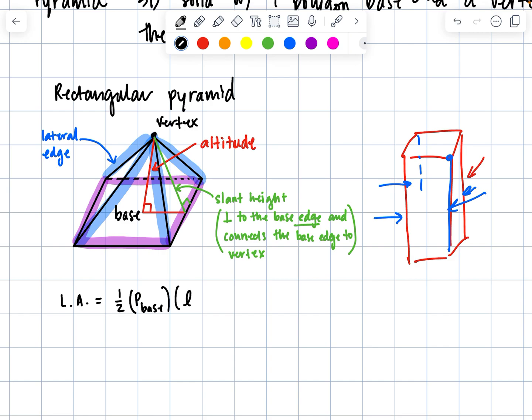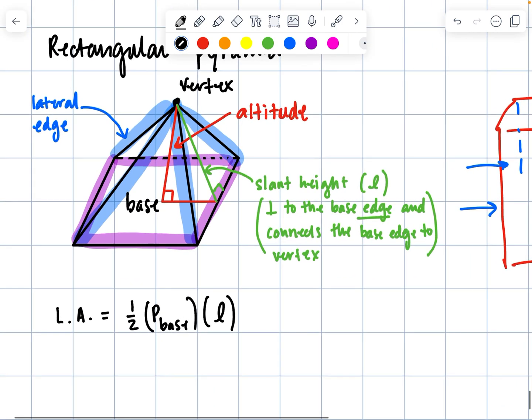And we use the letter L for slant height, a cursive L at that. Okay, so let's pretend, for instance, we have a pyramid here that has a length of 8, which means this red segment is 4. We could give this red altitude a 3. And we could actually solve for it, but we also need the full perimeter.